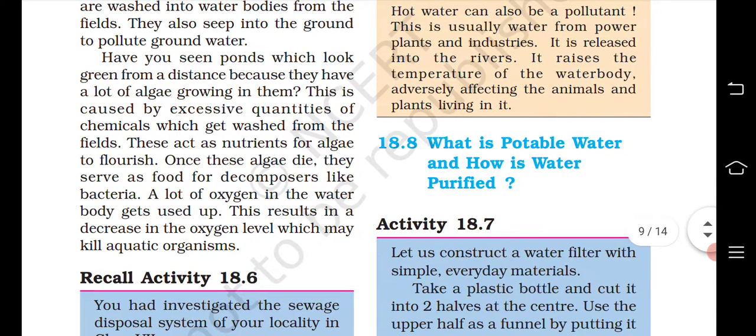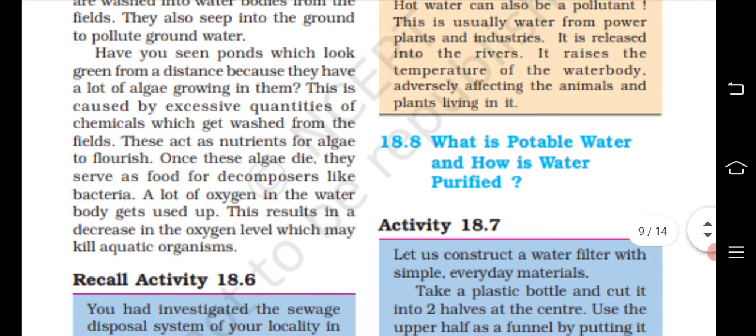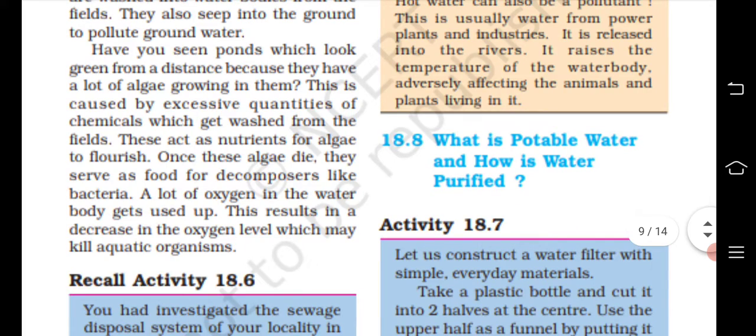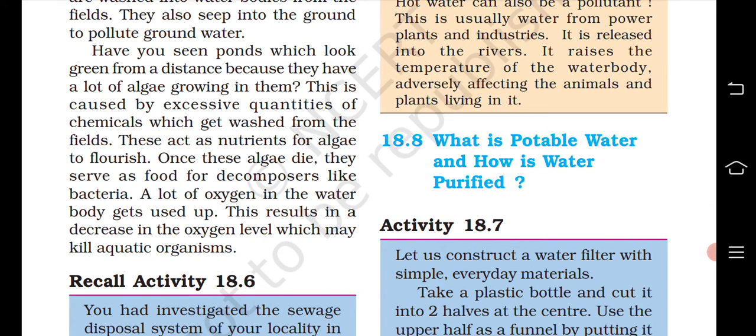It causes algal bloom. From a great distance, it looks like a green covering. Okay, and this is caused by excessive quantities of chemicals which get washed from the fields, and these act as nutrients for algae to flourish, and this is known as algal bloom.